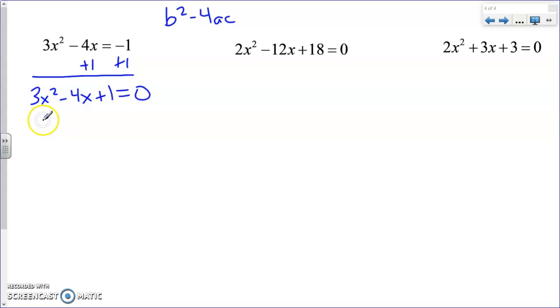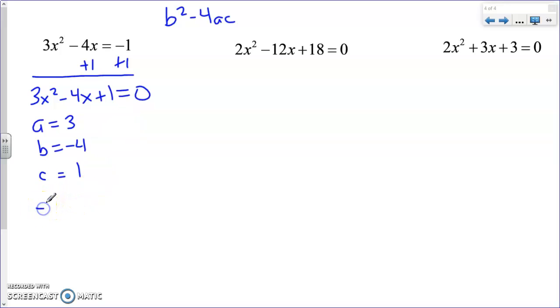Then you're going to label your a, your b, and your c. So a is 3, because remember a is with x squared, b is -4, don't forget the sign with the number, and c is 1. So we're going to take these coefficients and constant and plug them into our formula.